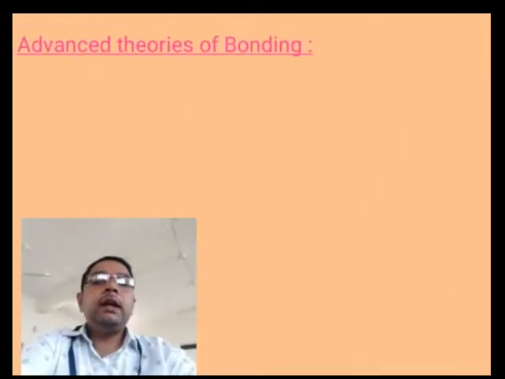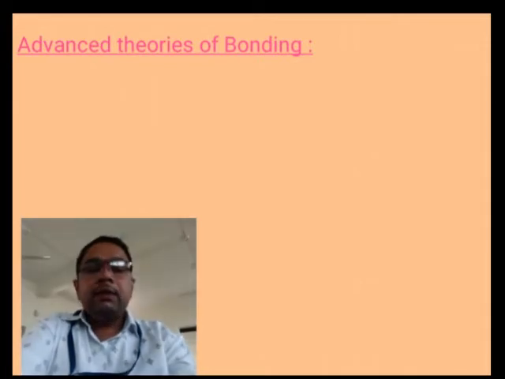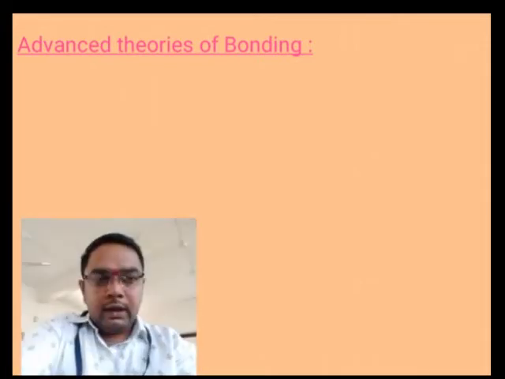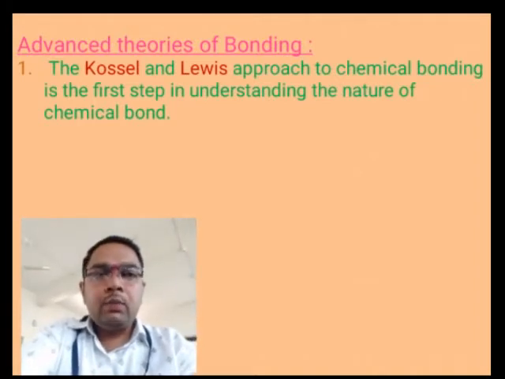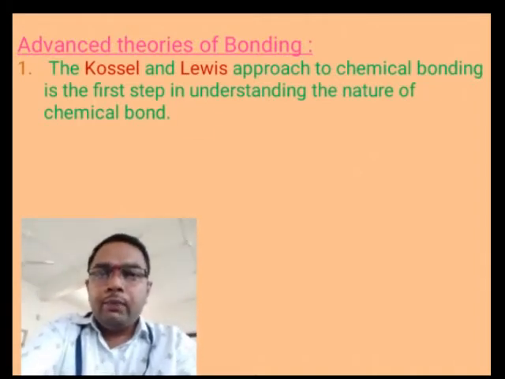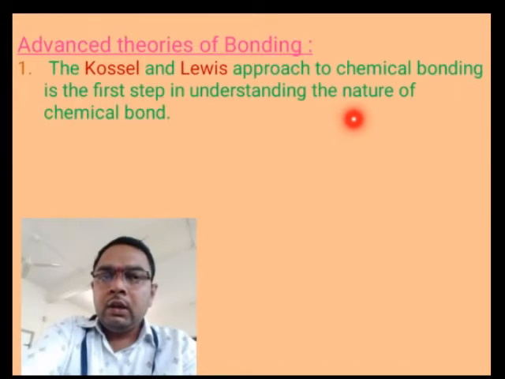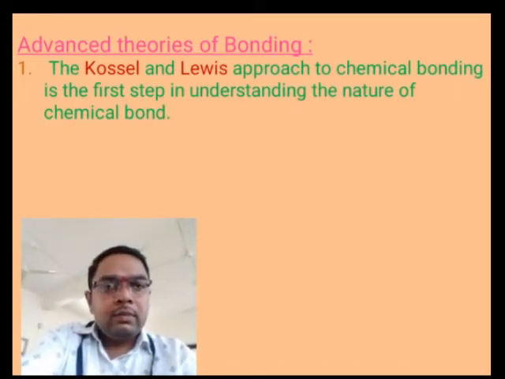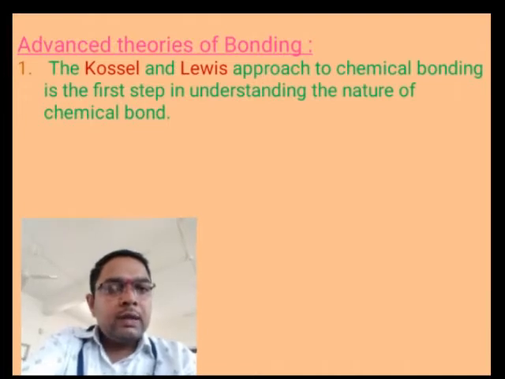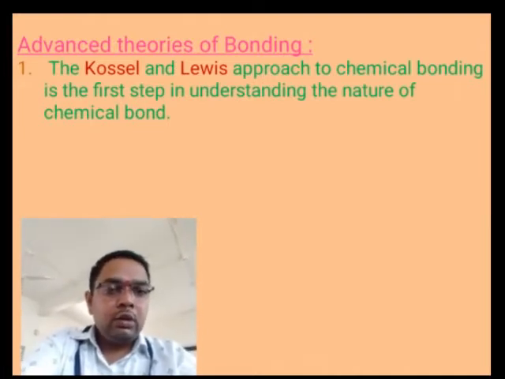Then, advanced theories of bonding. In these advanced theories, there are the Kossel and Lewis approaches to chemical bonding. The first step is understanding the nature of the chemical bond. The Lewis concept and Kossel concept explain the formation and nature of the covalent bond.